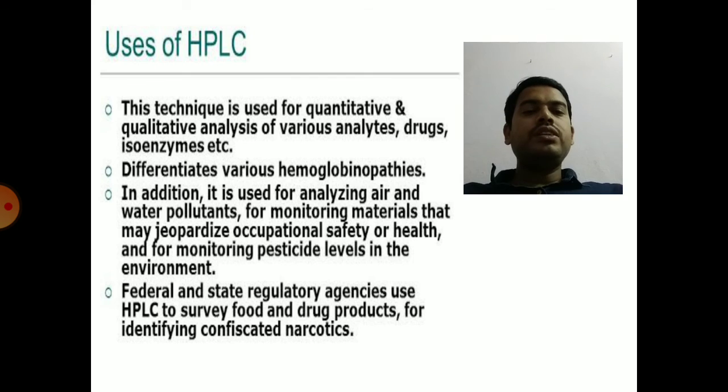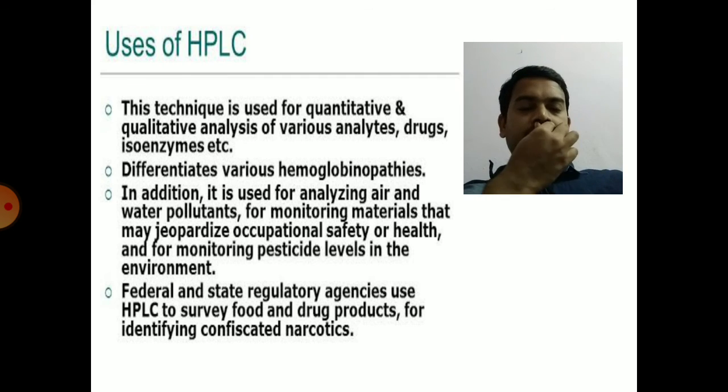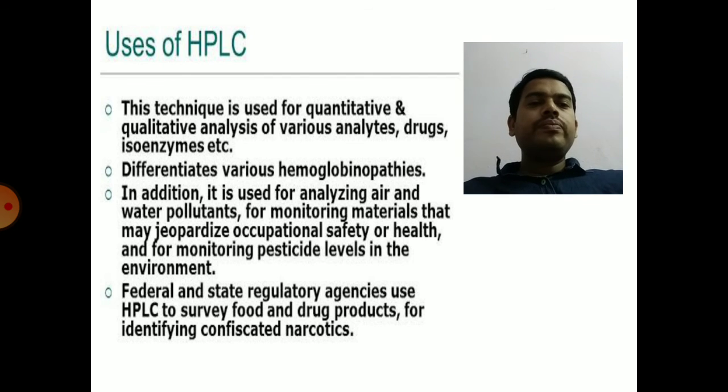It is especially used, as I mentioned, by federal and state regulatory agencies, who use HPLC to survey food and drug compounds and to identify confiscated narcotics. Narcotics can be identified by using HPLC. Drugs, and foods that contain drugs, can be identified by using high performance liquid chromatography.